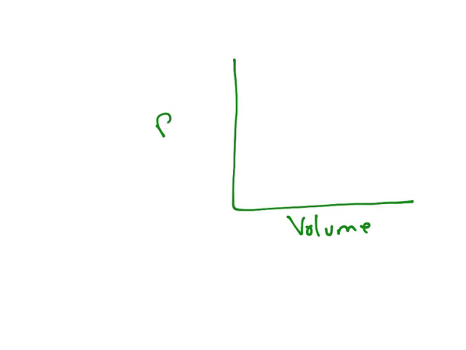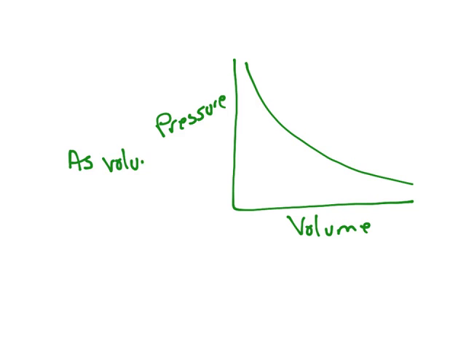So if we had a graph, let's see, I'll have volume versus pressure. You would get a graph looking something like that. So in this case, we would say as volume increases, this is increasing volume, pressure decreases.